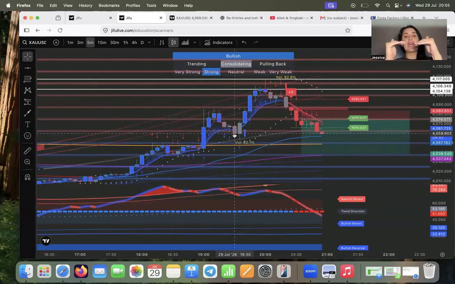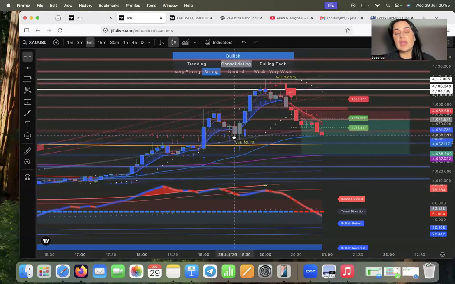So the bodies of the candle, guys, is where the candles open and close. See at the bottom here, it closed, yeah? So for your sell candles, it opens at the top and closes at the bottom, because what is the direction that the candle's going in? Downwards.